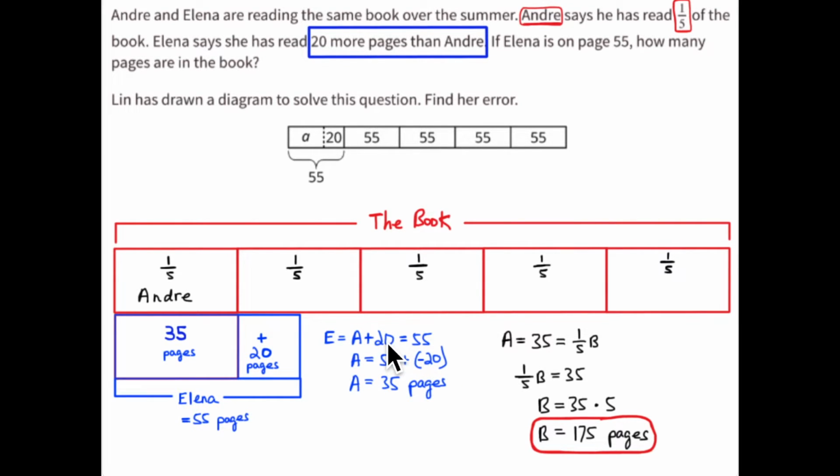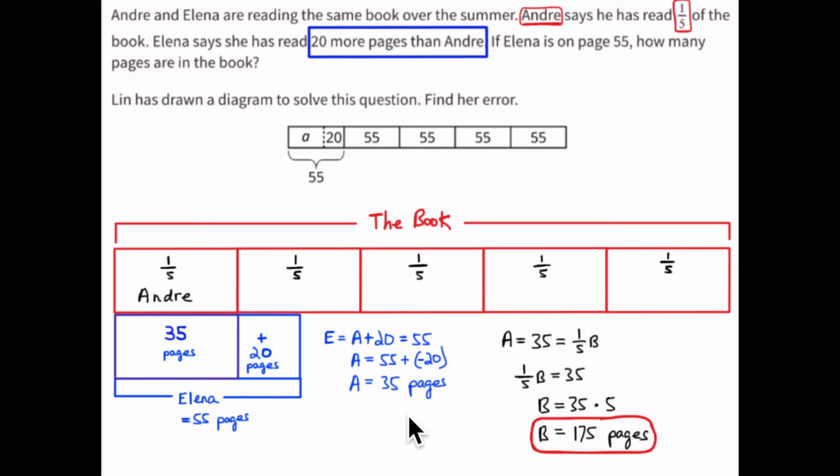The additive inverse of a positive 20 is a negative 20. Over here, we're working with the multiplicative inverse. 1/5 of the book is what Andre read. That means that the book is 5 times the number of pages that Andre read. That's the multiplicative inverse: 1/5 of the book and 5 times what Andre read. So 5 times what Andre read is 175 pages.